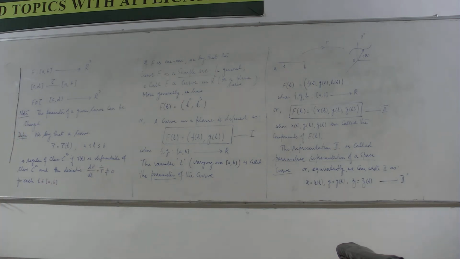Now, if there is a parametric value t naught such that dr upon dt becomes 0, I will call that point t naught a singular point.